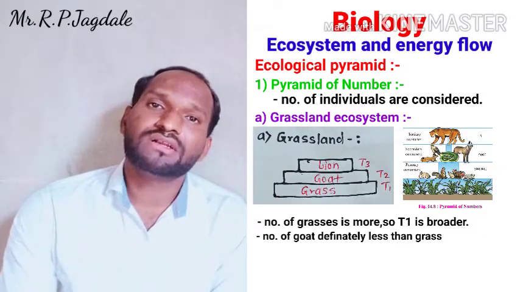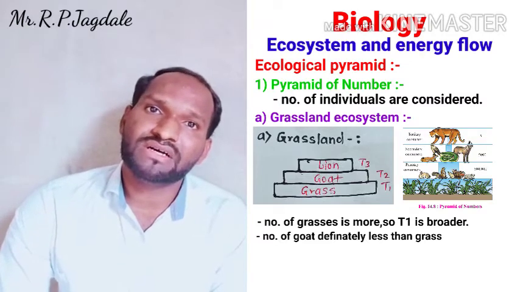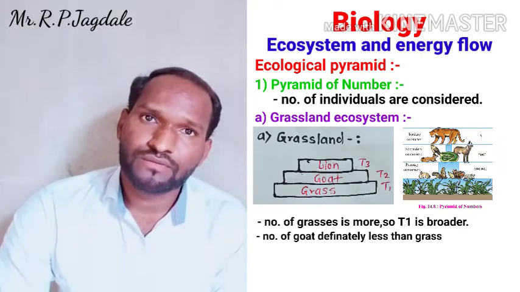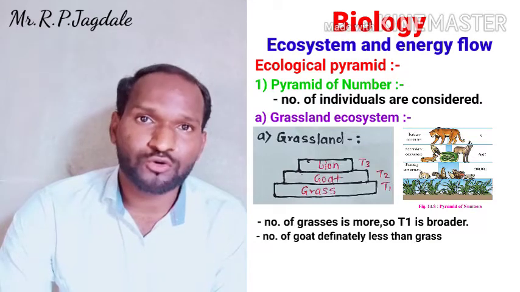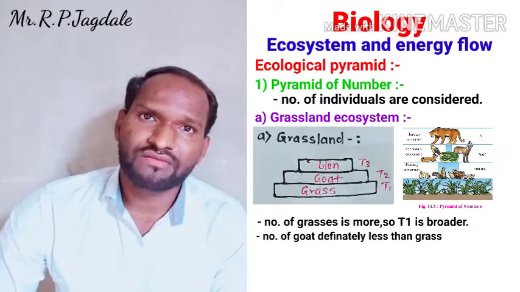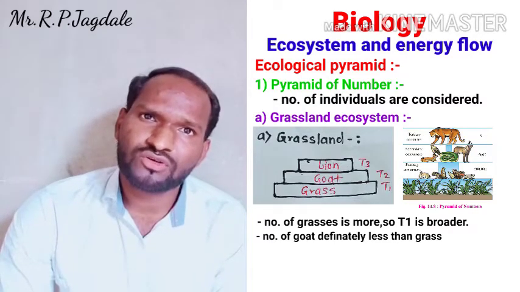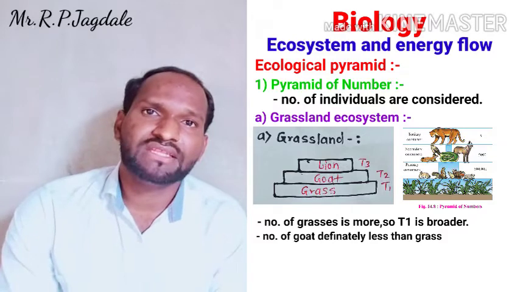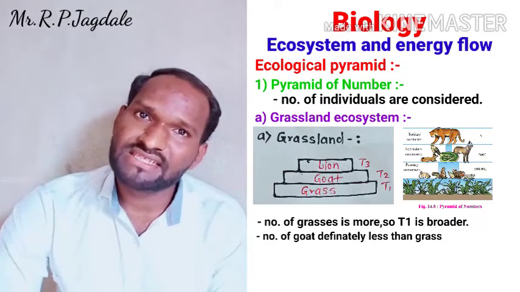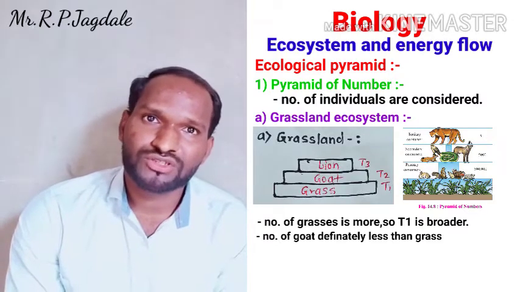And then there is a third trophic level, with some animals which feed on the goat. These are called carnivores or consumers. Here we have taken the lion, and we can take other examples of carnivores. The number of lions is always smaller than that of the goats.